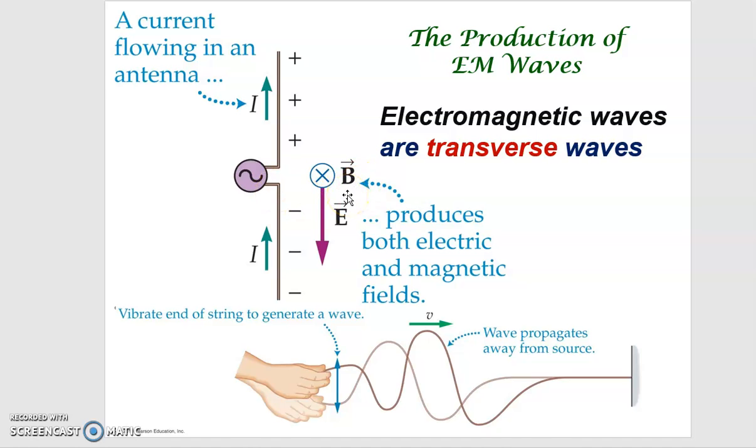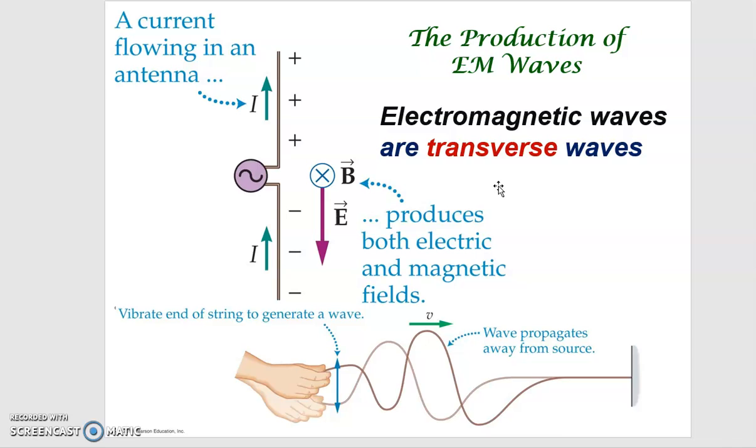You may ask why the B field is into the board, not out of the board. I will answer this question within the next few slides. But what I want to emphasize here is that, based on the property I just mentioned, if this is the direction of wave propagation, and the B field and E field are both perpendicular to that, it means that EM waves are so-called transverse waves.